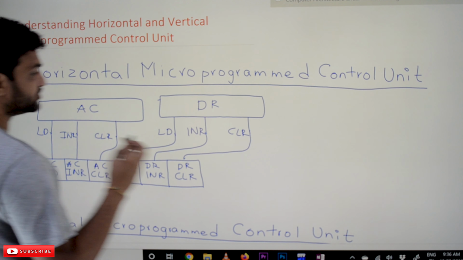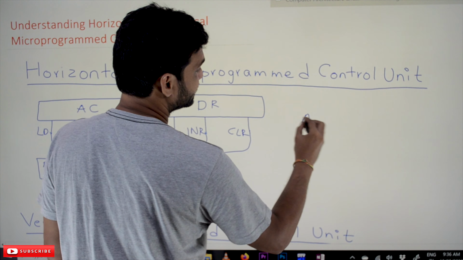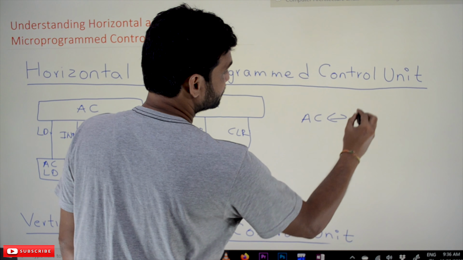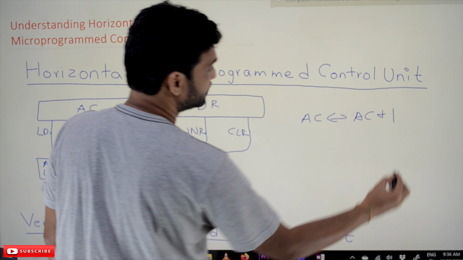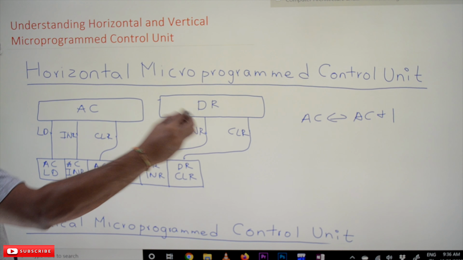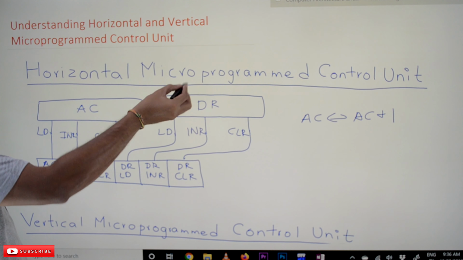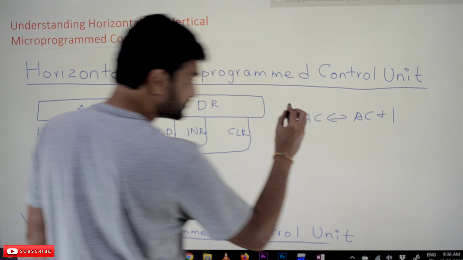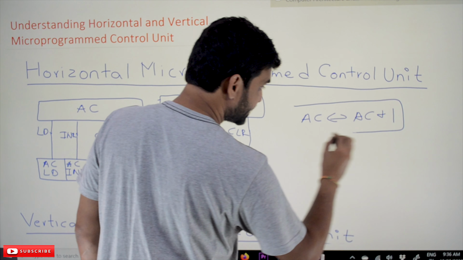For example, if we want to increment the accumulator, the value of the accumulator is added with 1 and that value is stored in the accumulator. This is what we call a micro operation.